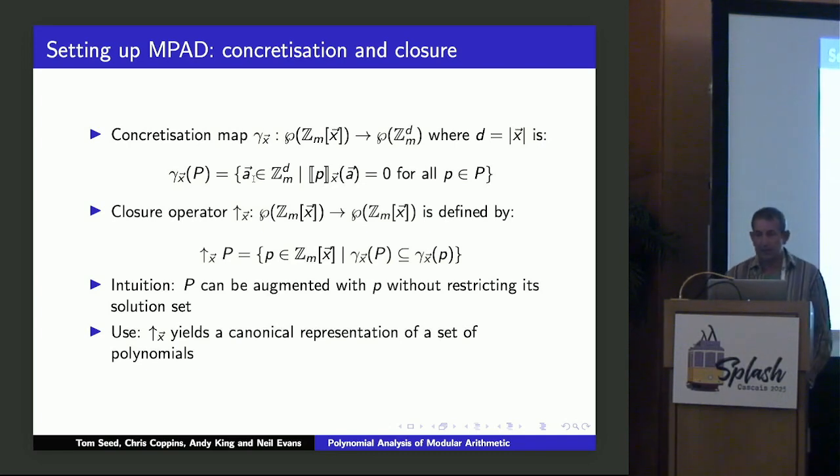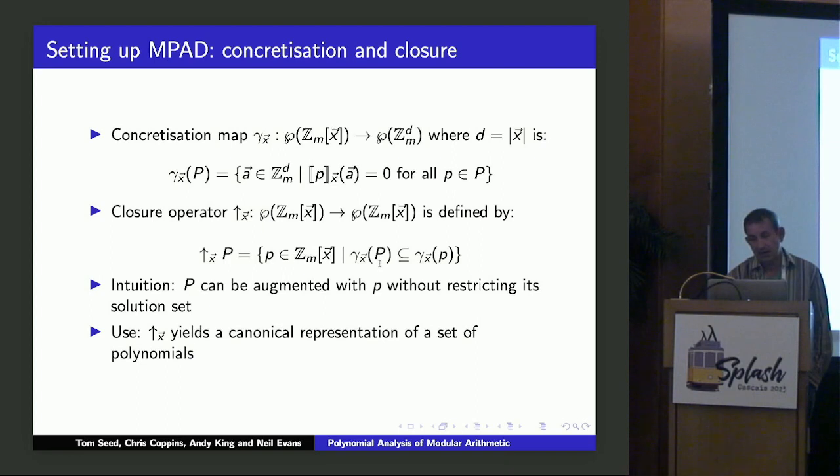And this gives us our concretization operator. On top of that, we can build our closure operator, at least in a theoretical sense. So what's our closure operator here? We're going to take a set of polynomials and enrich it. Taking our lessons from octagons, we're going to throw in all the polynomials which are actually entailed by our system P. Now, what does that mean?